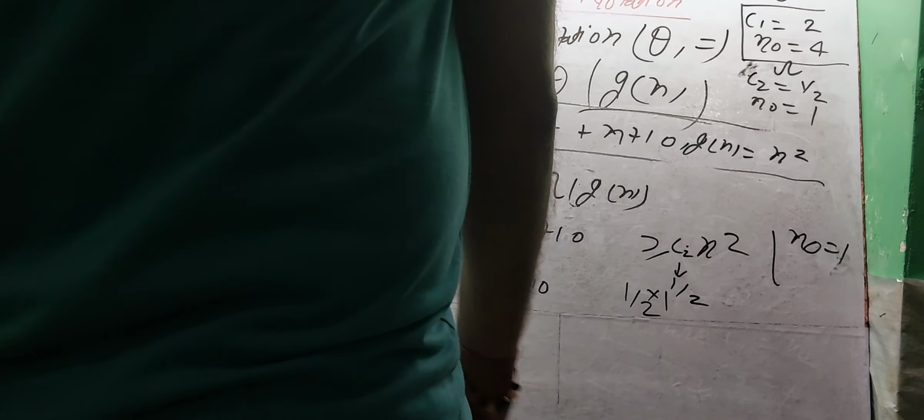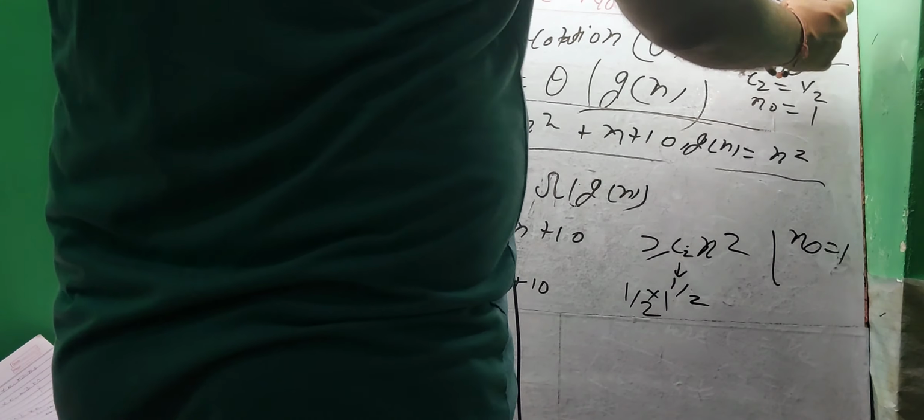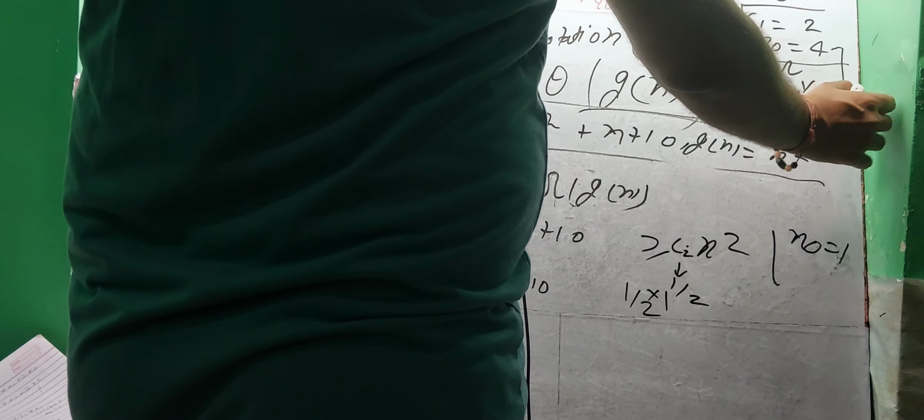Now we need to write it in theta, and also we need to find n naught. N naught will be whatever the greatest value is, you can take that value, that is 4. From 4 onward both conditions will hold true.